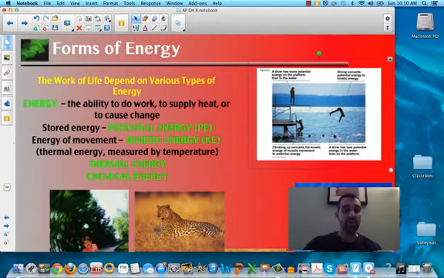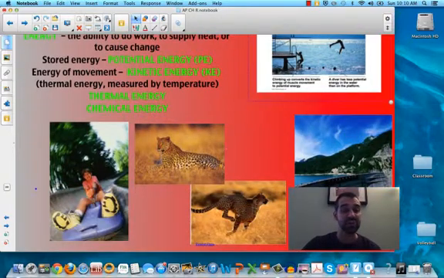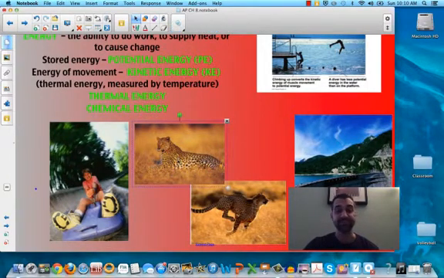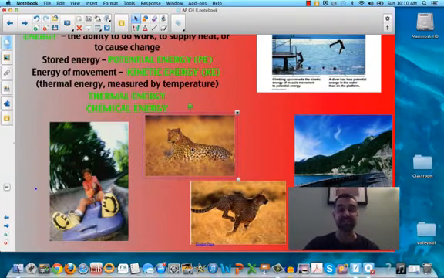So we can also refer to kinetic energy as thermal energy, and we can also refer to potential energy as stored chemical energy. Chemical energy is just the potential energy within the chemical bonds. So there's a variety of different pictures here. The cheetah at rest is clearly showing us stored potential energy. When the cheetah gets up and runs, it's a matter of movement or kinetic energy.